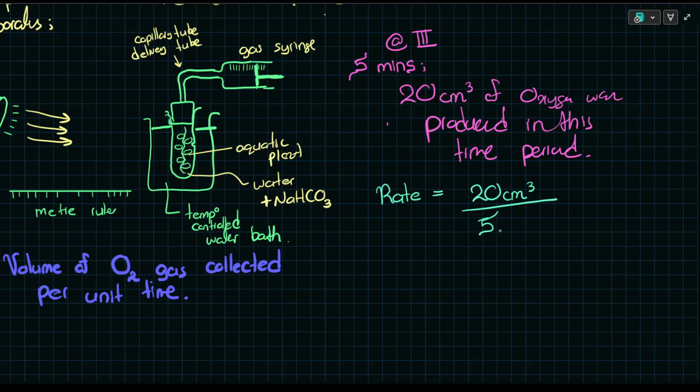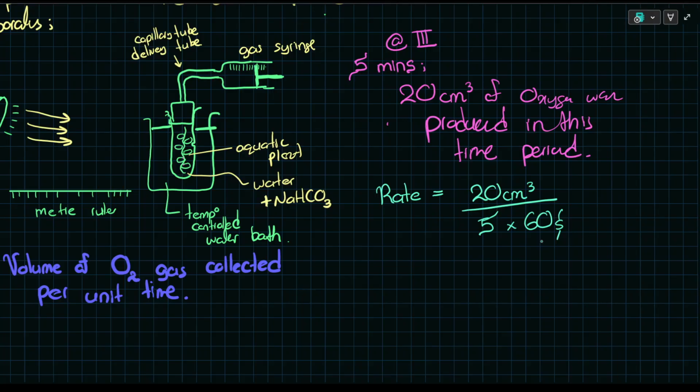Now the thing with time is this is not the SI unit of time. It has to be seconds. So to convert minutes to seconds, what do you do? You multiply by 60. 5 times 60 seconds.